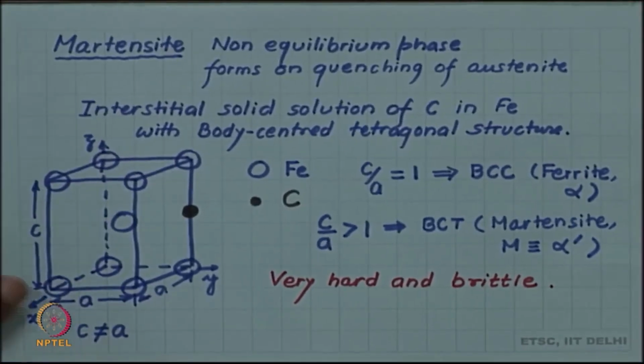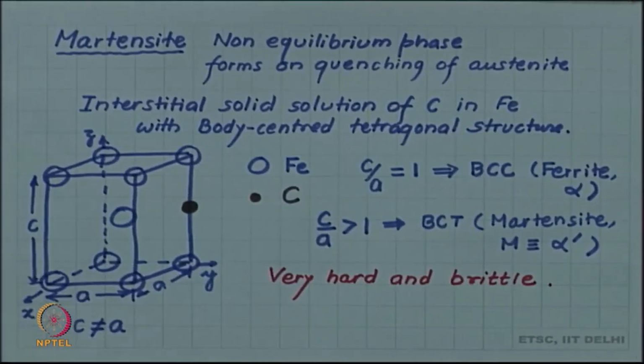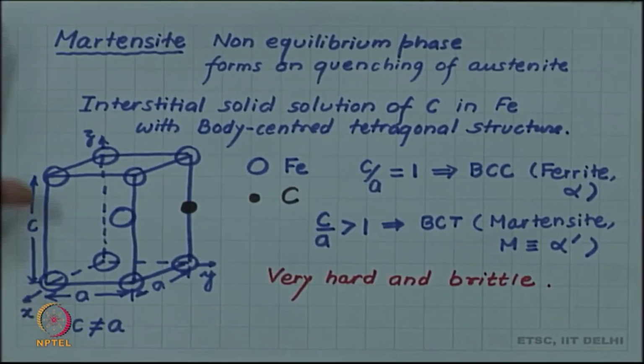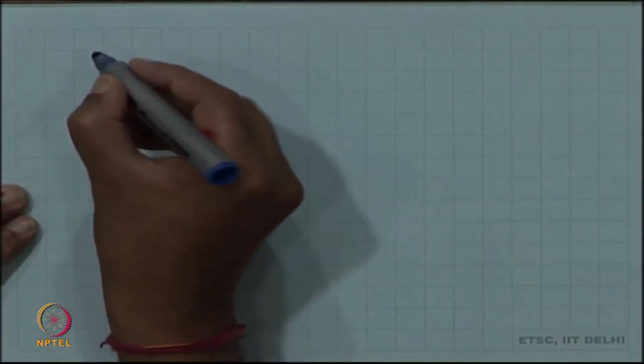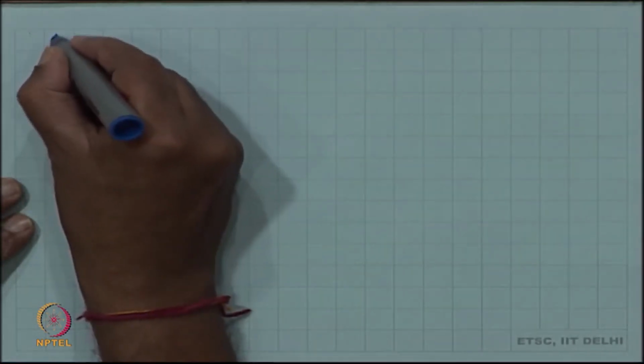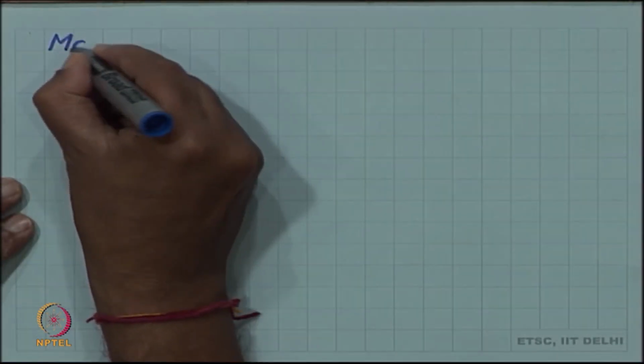We already talked about some differences in the way austenite transforms to martensite. So, let us note those differences. These differences are very important, so much so that all such transformations are labeled as martensitic transformation.